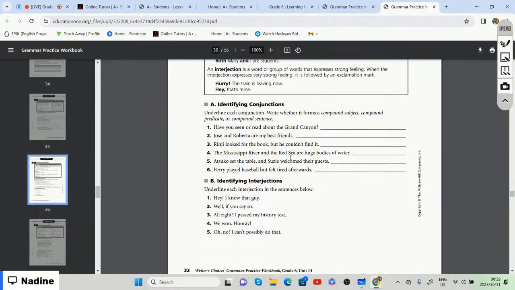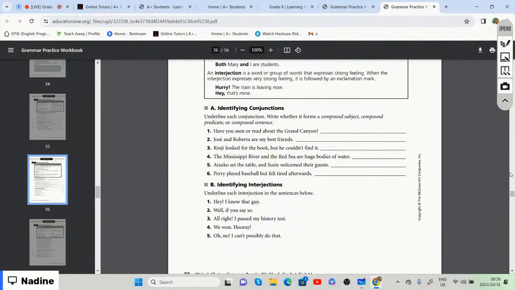Now, if we look at identifying conjunctions, have you seen or read about the Grand Canyon? So we need to underline each of the conjunctions and write whether it forms a compound subject or a compound predicate.